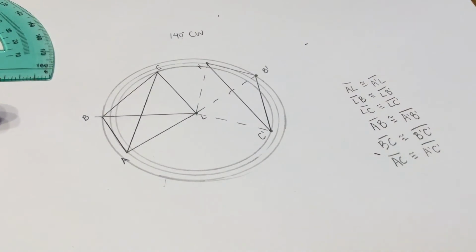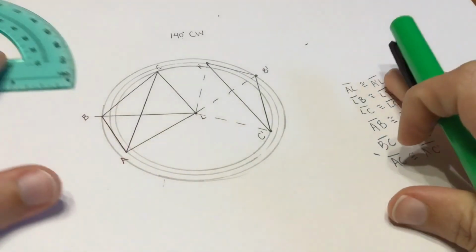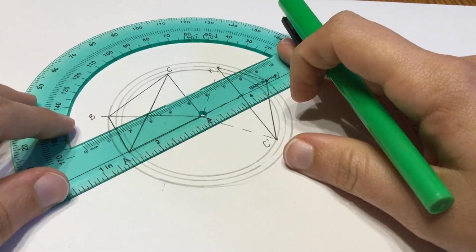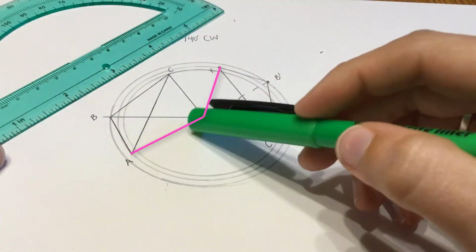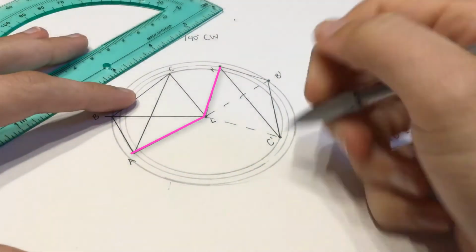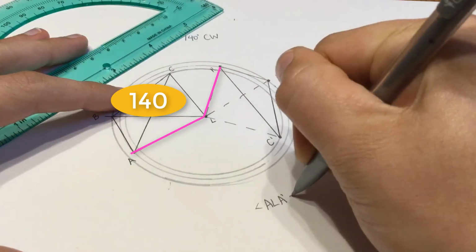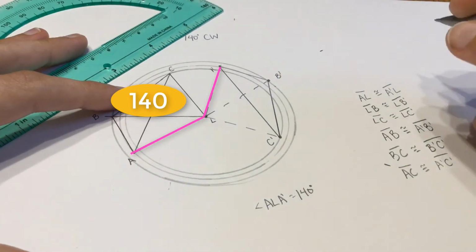On rotations, we also have congruent angles. Remember when we rotated point A? We took A, we lined it up, and we measured out 140 degrees. So the angle ALA prime is 140 degrees because that's how far we rotated it.